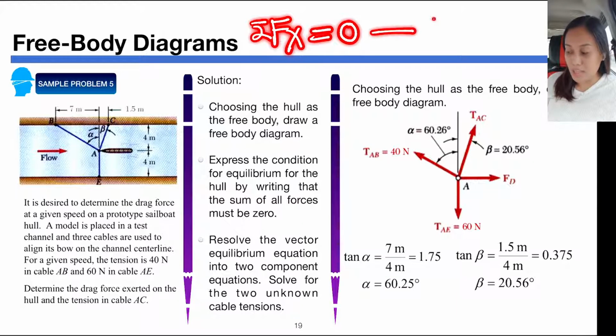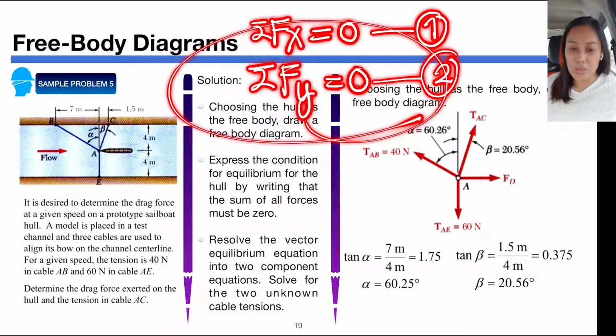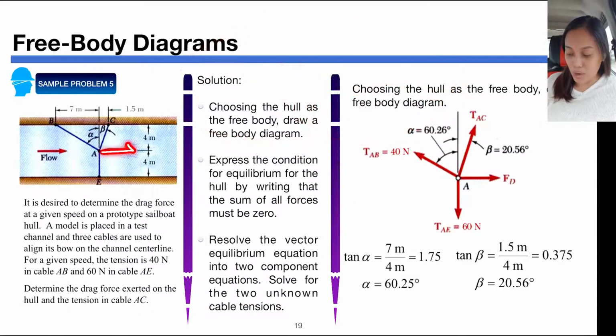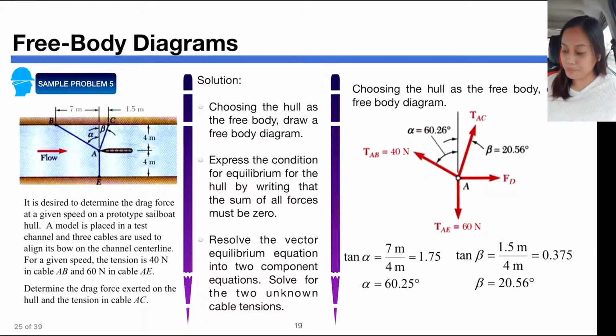So, this is isa ka equation. Summation of forces along Y equal to 0. This is another equation. Pag naa kay duha ka equation nga magamit, you can solve a maximum of 2 unknowns. In this case, naa tay duha ka unknown, duha ka equations, then we can solve the problem.